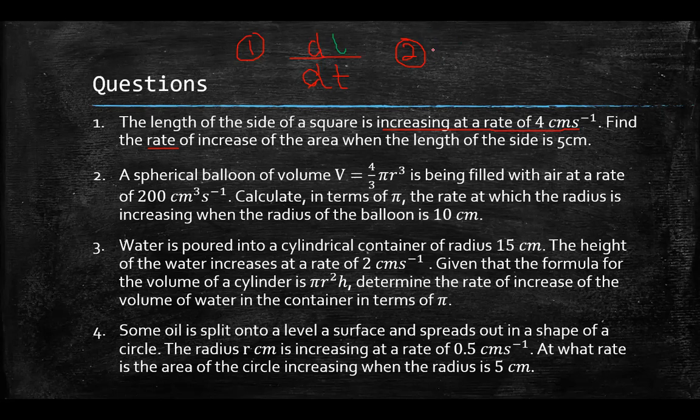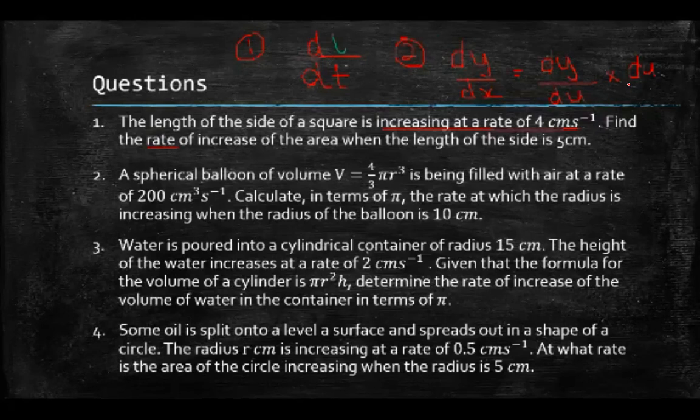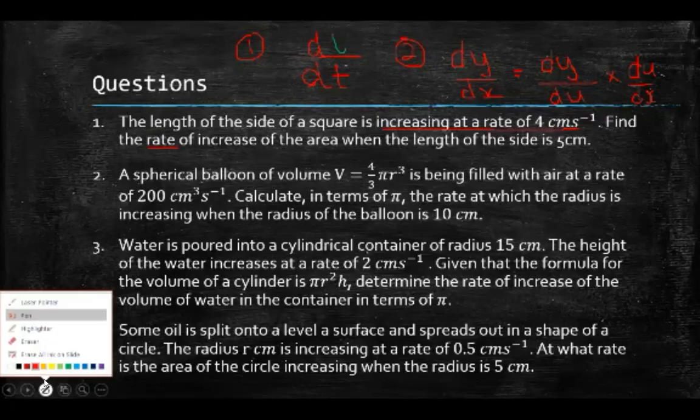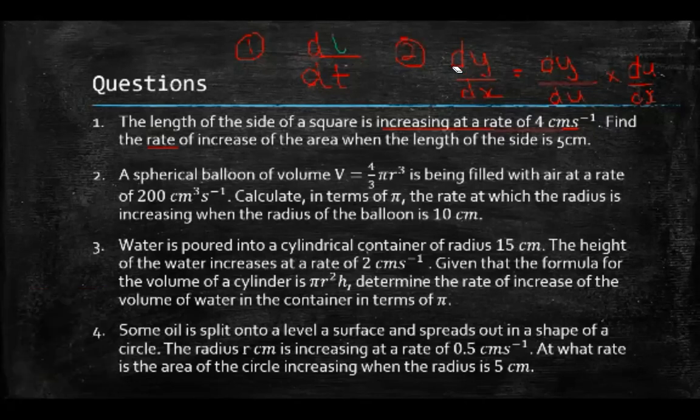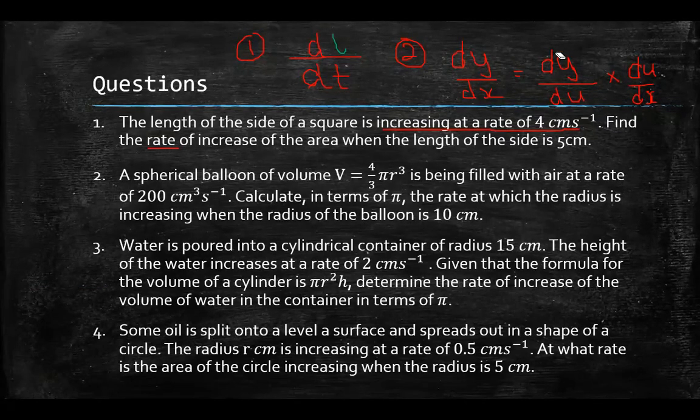So chain rule, for those who did differentiation, you would know one way to represent the chain rule is dy on dx. So if I want the rate of change of y with respect to x, dy on dx is equal to dy on du times du on dx.